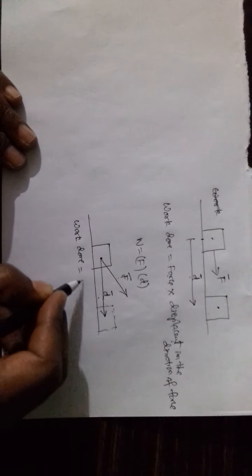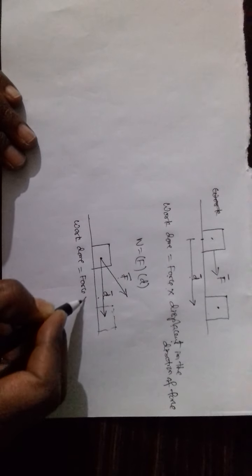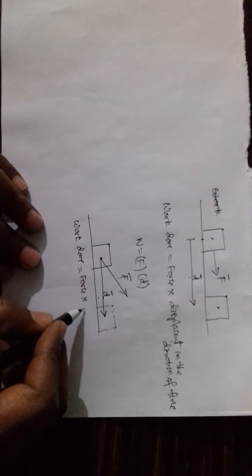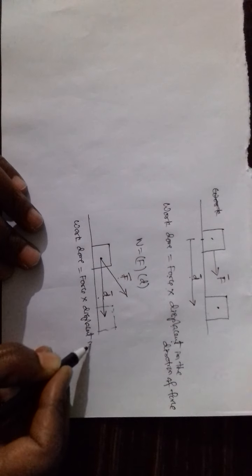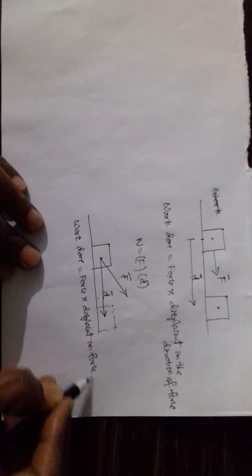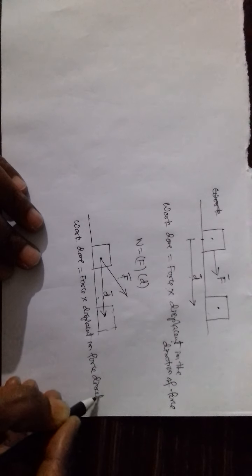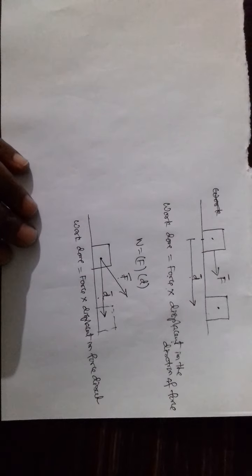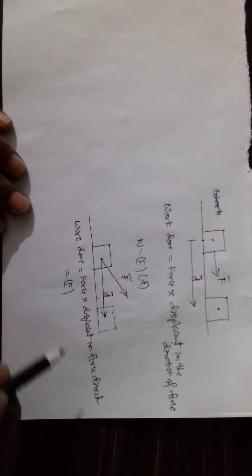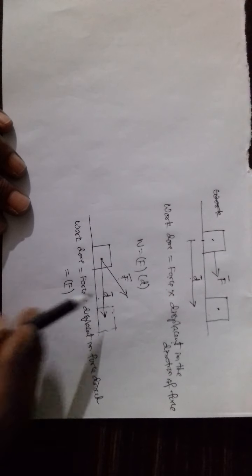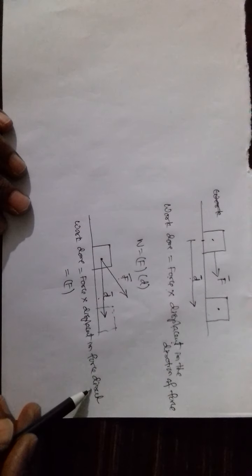is defined as force into displacement in force direction. Displacement into force direction. Force is F. Displacement, actually displacement magnitude is D, but here that is not asked.